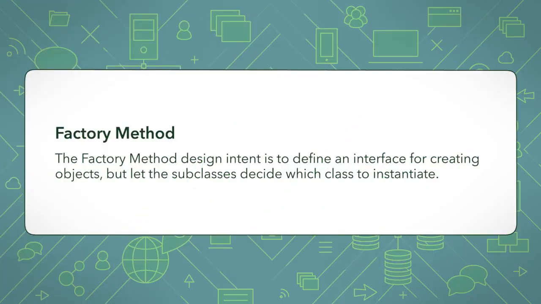A factory method approach instead has a Budget Knife Store subclass of Knife Store. The Budget Knife Store has a method, the factory method, that is responsible for creating Budget Chef's Knife and Budget Steak Knife product objects instead. The factory method design intent is to define an interface for creating objects, but let the subclasses decide which class to instantiate. What does this look like?